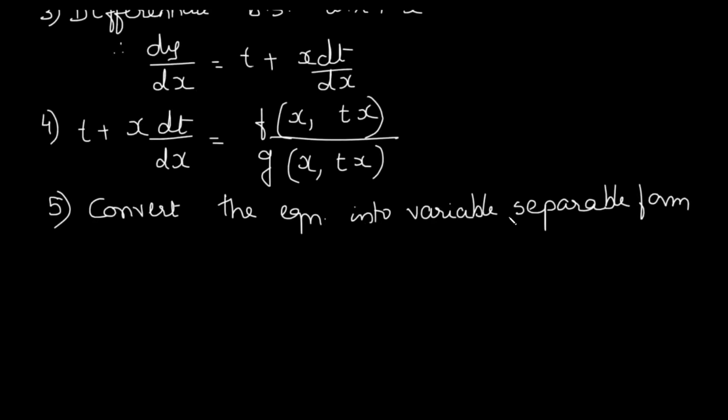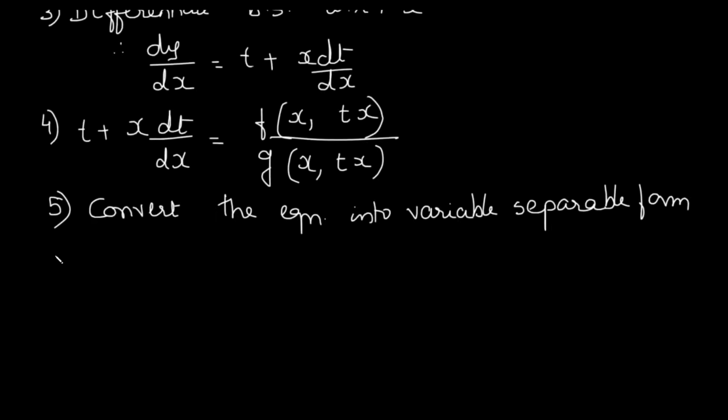Now you must remember what a variable separable form is, because we have done it earlier. We separate the variables in such a way that the x terms come with dx and the t terms come with dt. So we separate the variables on both the sides of the equal to sign. Thus it becomes the variable separable form.